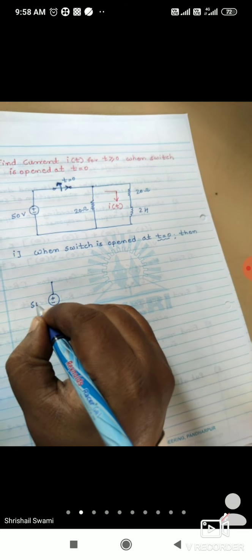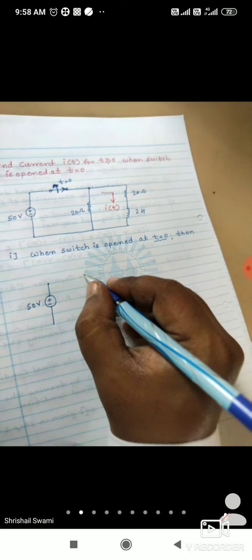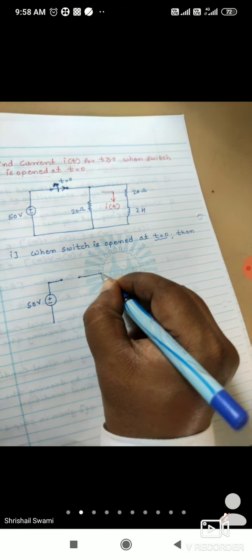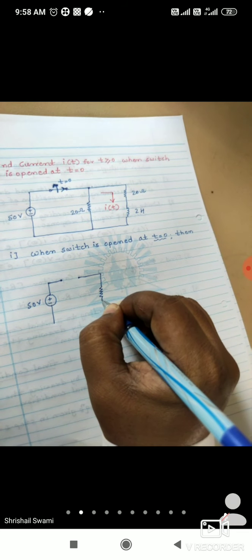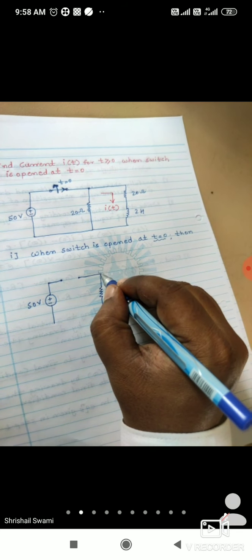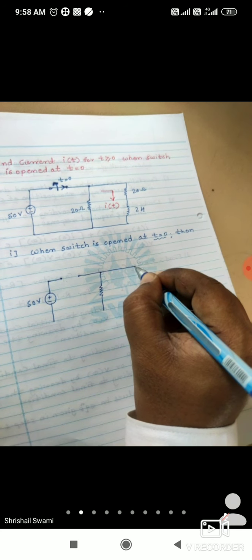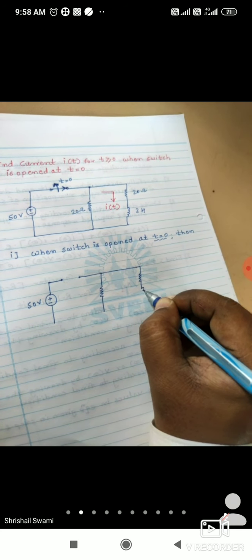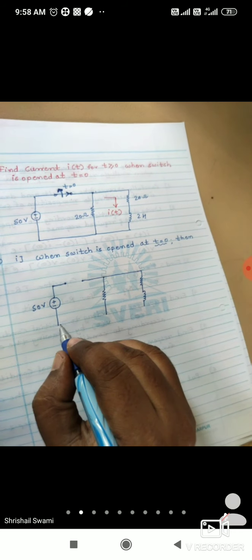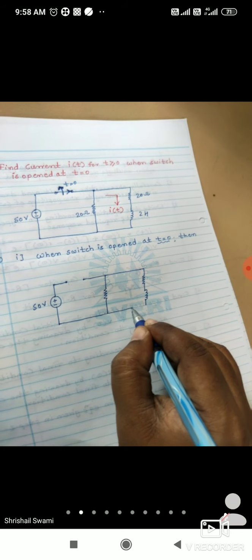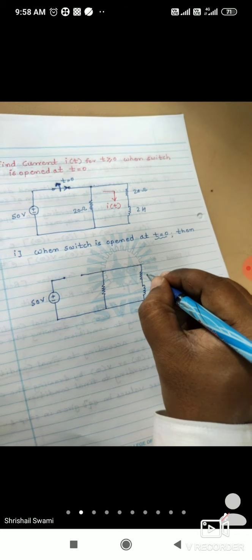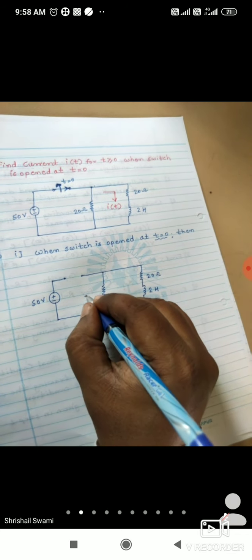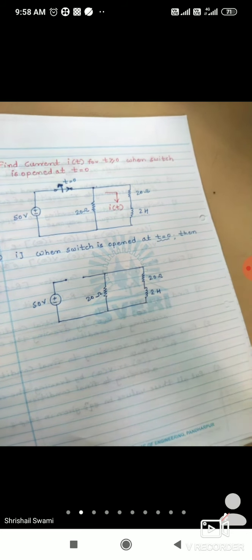Plus minus 50 volt. The switch is open now. So this is the 20 ohm. This will be 2 Henry, and this will be 20 ohm.